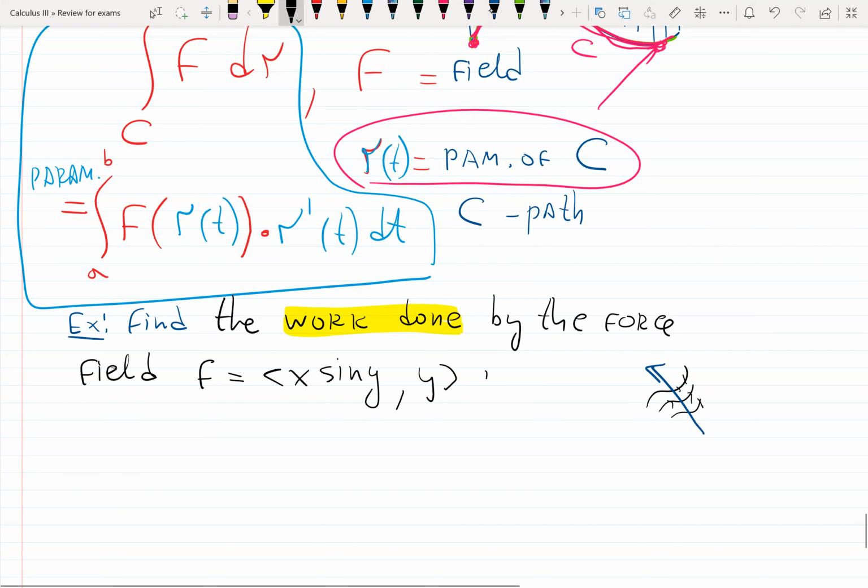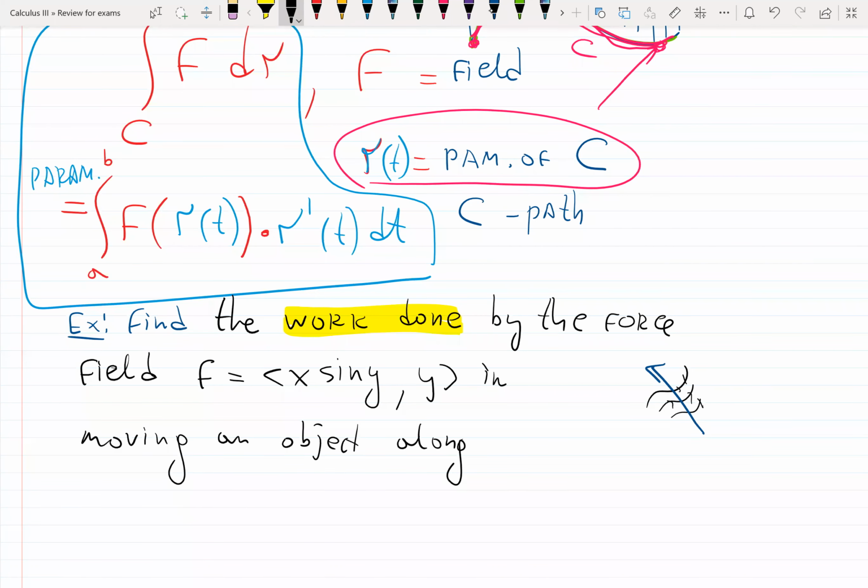You are the moving object, moving along a path, and that's why the curve matters. If you're moving in the same direction, the wind helps you move. If you're moving against it, it's against you. If you're moving both back and forth, you'll be collecting all the forces together.